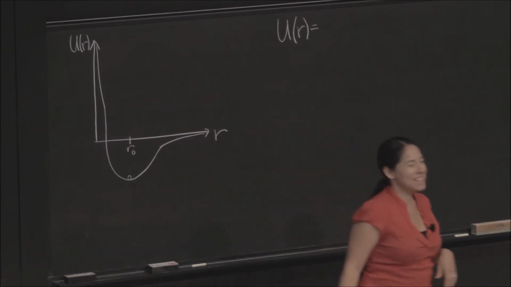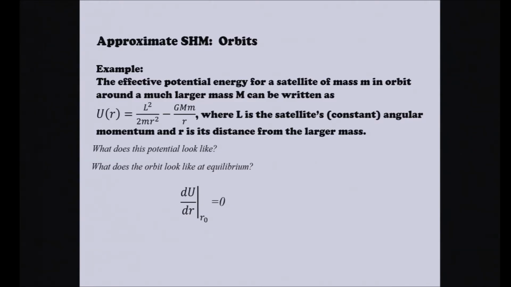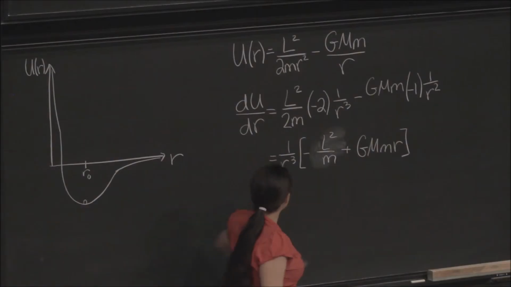We can say that the derivative of this is equal to 0, and that's how we can find where the equilibrium point is. If we take the derivative of this function, we get something that looks like this.